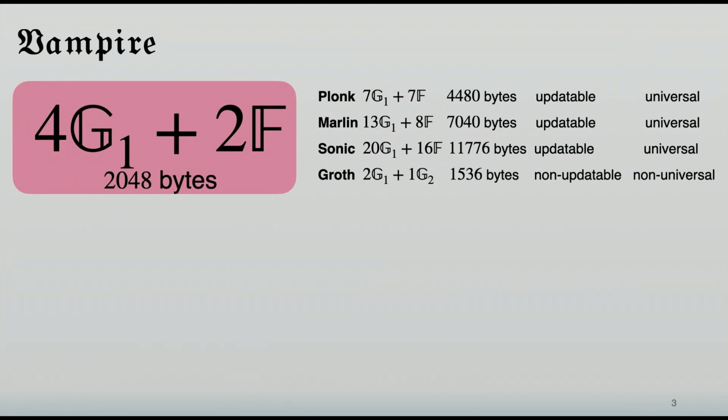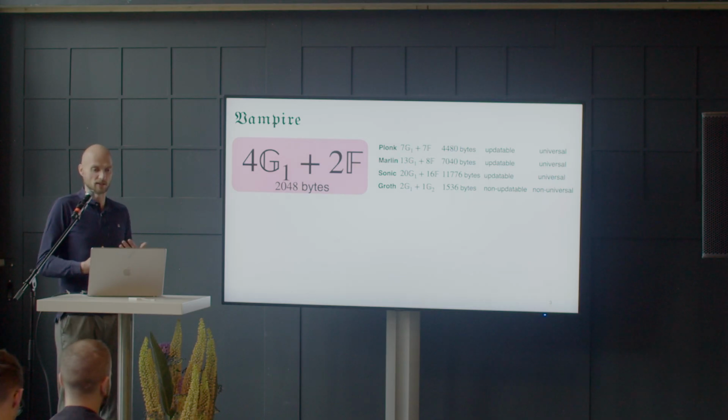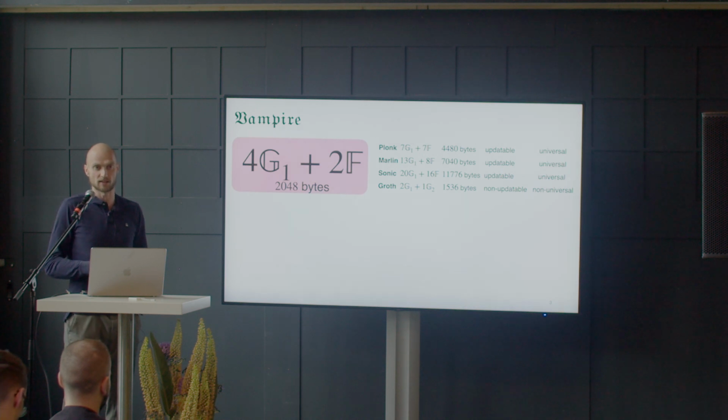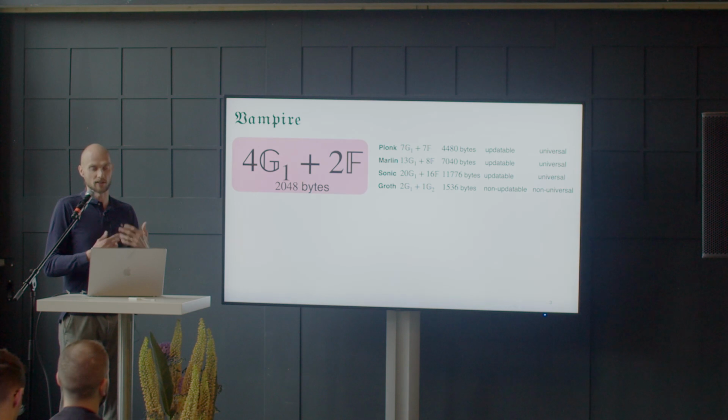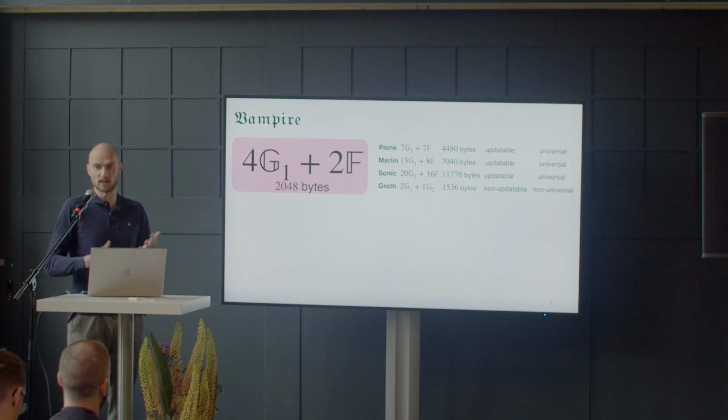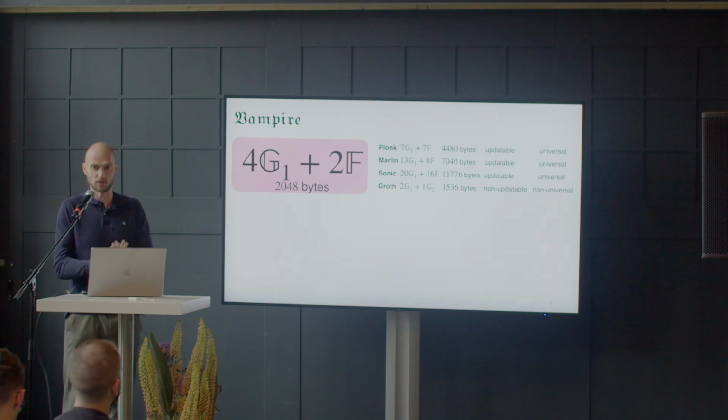Of course, we also have Groth16 zkSNARK that needs only 3 group elements, but Groth16 has known limitations. It's non-updatable. It means that if you are given an SRS or CRS, then you cannot allow people to update it to ensure that they feel secure with that particular SRS.